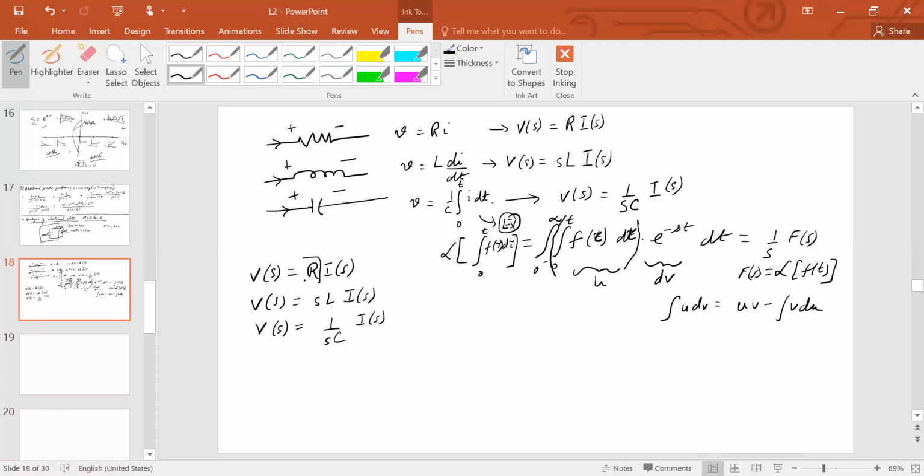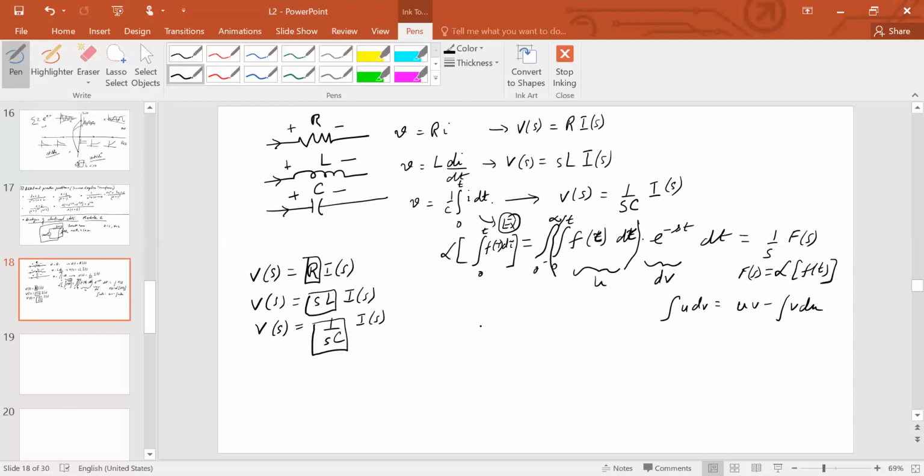So these terms are the equivalent impedances in the Laplace domain. For all practical purposes hereafter, if you consider the differential equation in the time domain, you can replace it by impedances in the Laplace domain, and then you can treat these integro-differential equations that will arise in your RLC circuits. These can be replaced simply by impedance.